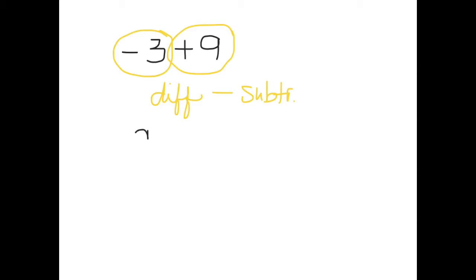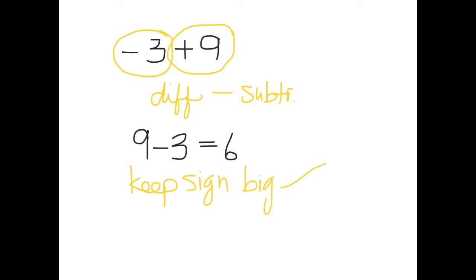So I really have 9 take away 3, which equals 6. And then I'm going to keep the sign of the bigger number. The bigger number happens to be a +9. So my final answer is +6.